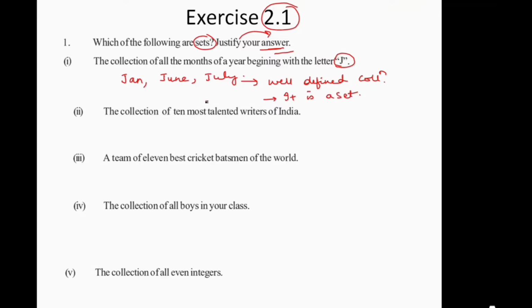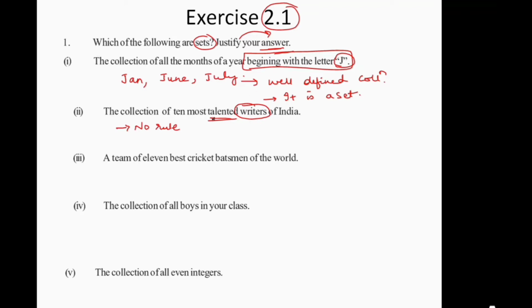So let's look at the next one. The collection of n most talented writers of India. See, first of all, there is no rule given. In this one you have a rule, but there is no rule given over here, right?